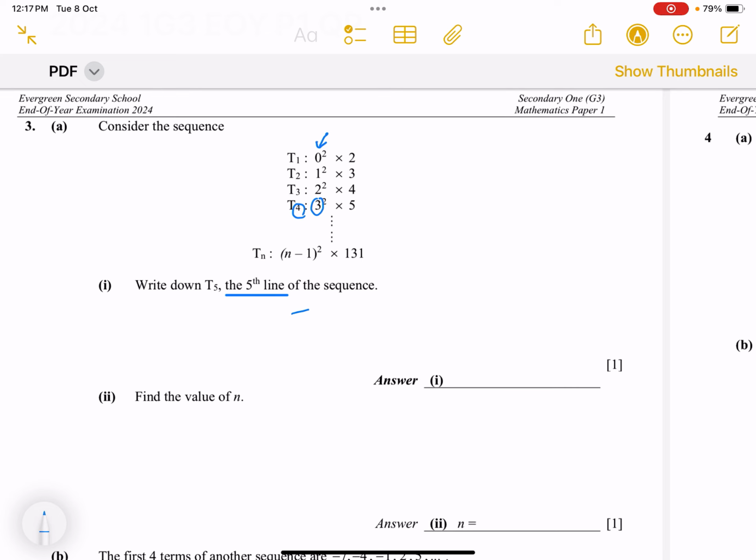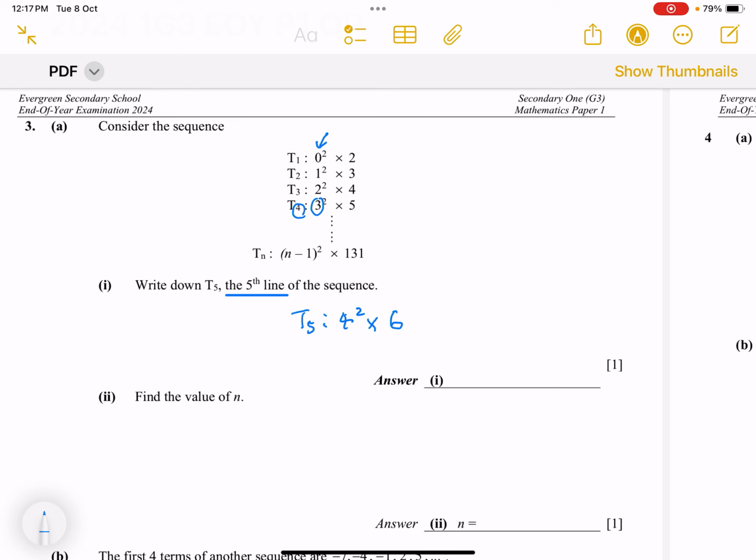Therefore, for T5, the order number is 5, so this number has to be 4. So it's 4 squared multiplied by, now this number here is obtained by taking 3 plus 2 will give us 5. 2 plus 2, 4. 1 plus 2 will give us 3. So we add 2 to 4 to give 6.